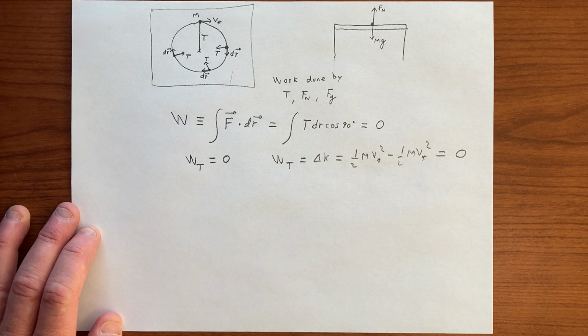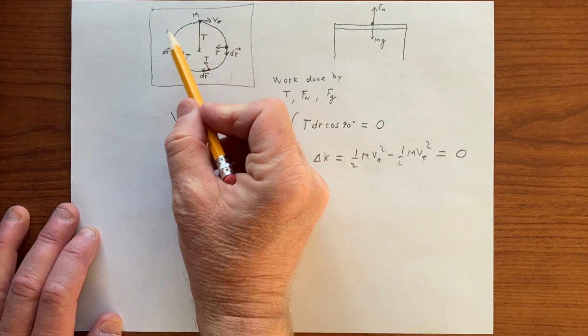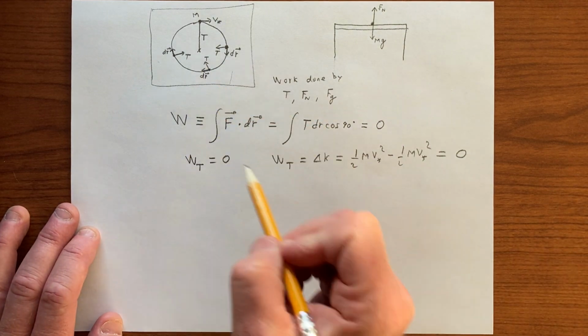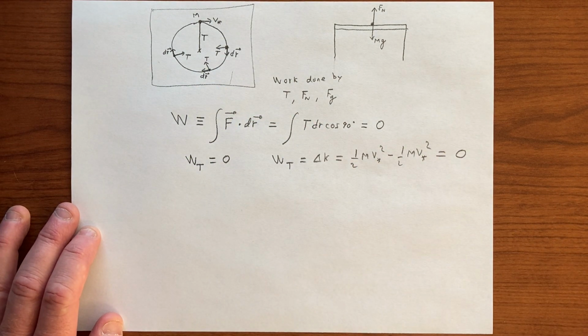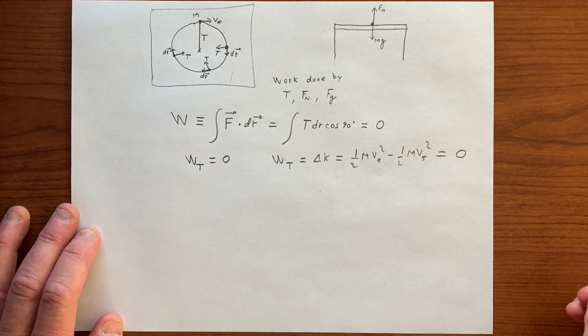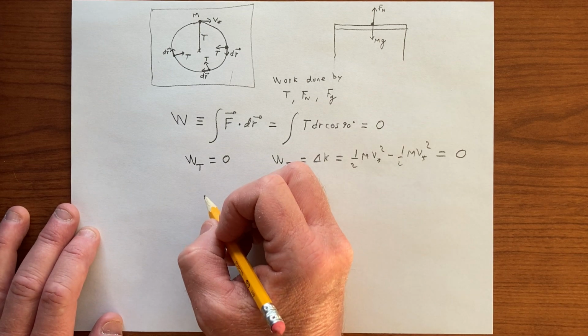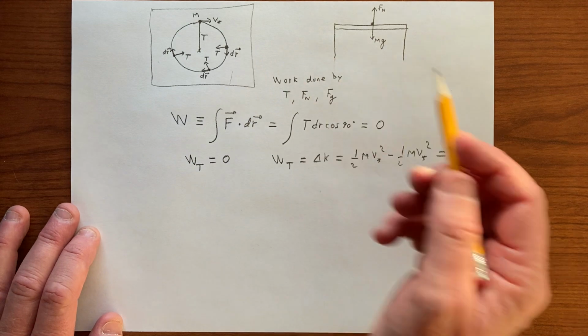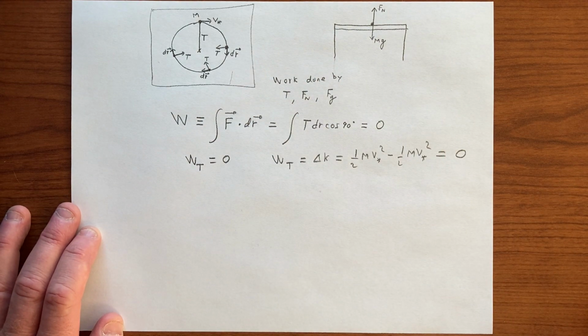So this shows that circular motion is the result of a force, in this case, the tension force, that does 0 work. So what the force does is to change the velocity, but it doesn't change the magnitude of the velocity, it just changes the direction of the velocity.